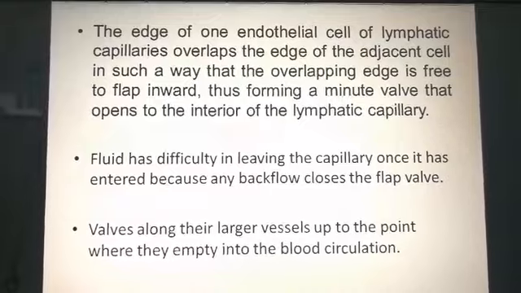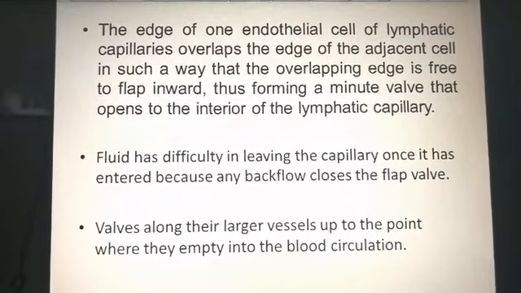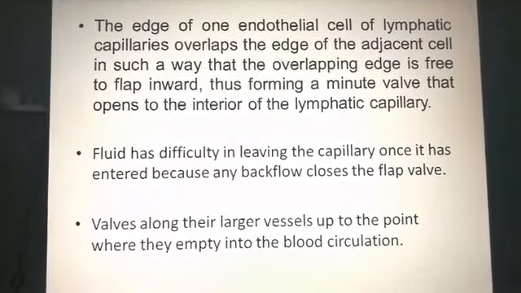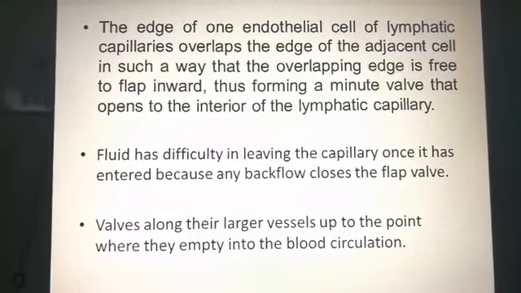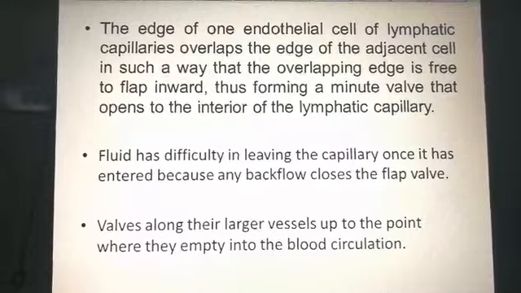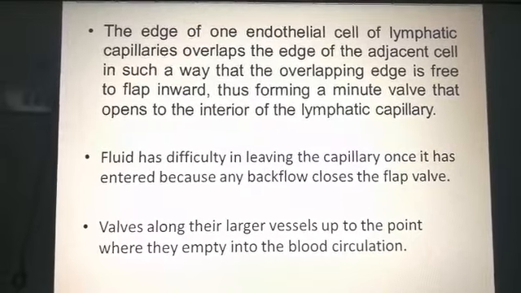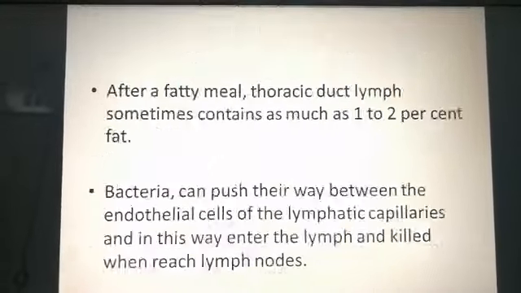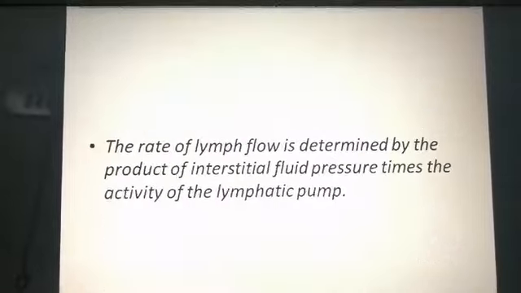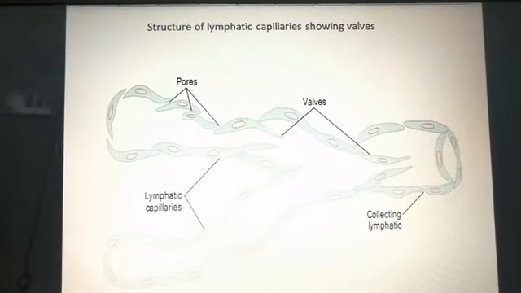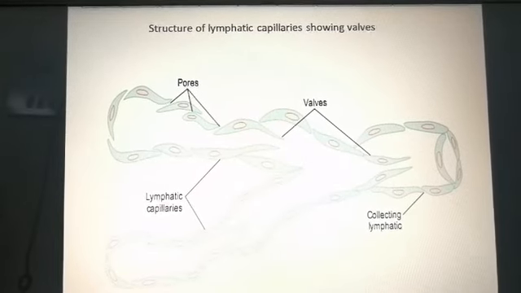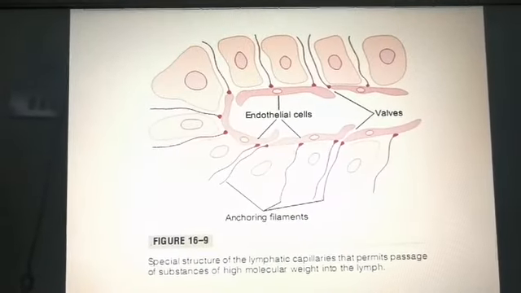The edge of one endothelial cell of the lymphatic capillary overlaps the edge of the adjacent cell in such a way that the overlapping edge is free to flap inward, thus forming a minute valve that opens to the interior of the lymphatic capillaries. So you can see here, and this one as well.